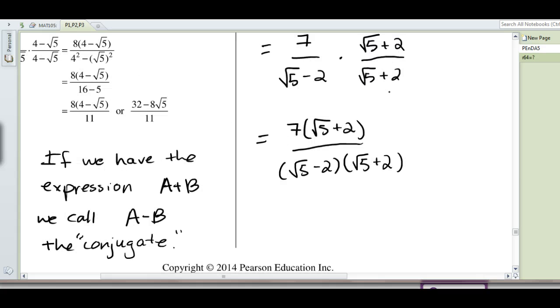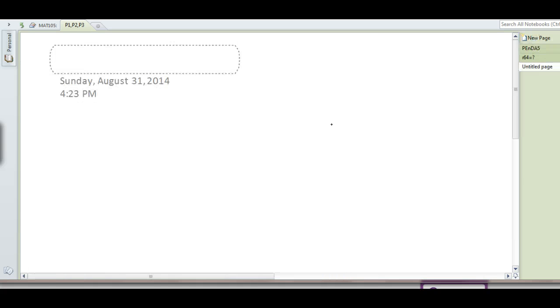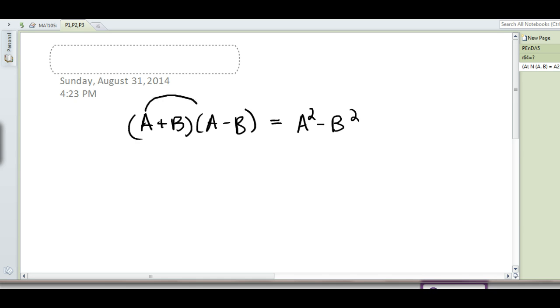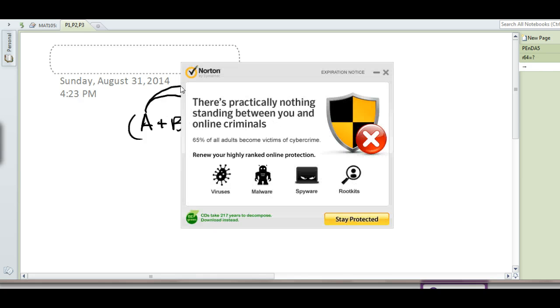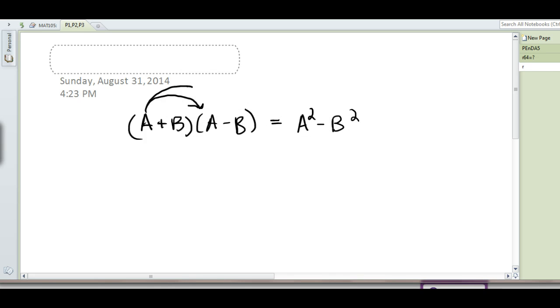So let me make a new page and we'll discuss that really quickly. Whenever you have a plus b times a minus b, a number times its conjugate, it's really easy because it always just turns into a squared minus b squared. Because in order to multiply these out, we'd have to use the FOIL rule: we multiply the first by the first, the first by the second, and then b by a and the second by the first.